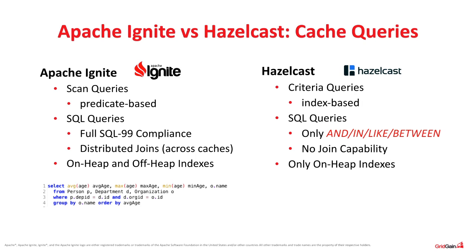When any kind of ad hoc querying capability is important, it's very beneficial to be able to just log in and start writing your own SQL statements on the fly. For example, if you look at the screen, the SQL statement here selects several averages from person, joined with department, joined with organization, grouped based on certain foreign keys, group by organization name, order by average age.